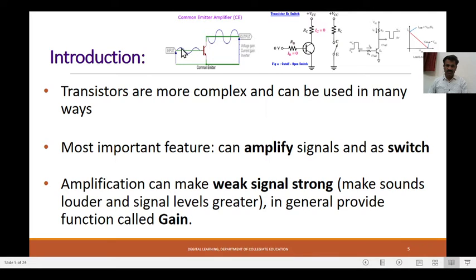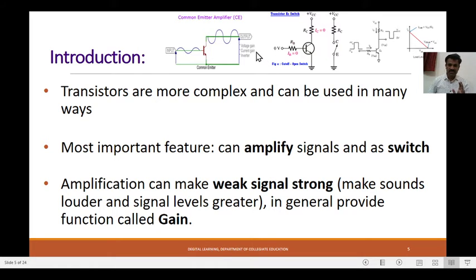Amplified means the voltage of the input increases. You can see that the amplitude of a half cycle has been increased. This is the output, where voltage gain has taken place.